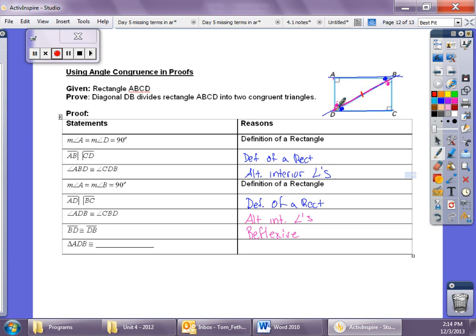So ADB, well, angle A is congruent to angle C. So triangle C, angle D is the purple, is congruent to angle B, which is in the purple. And then angle B is congruent to angle D. So triangle CBD, and we said it's angle, side, angle. So angle, side, angle, ASA.